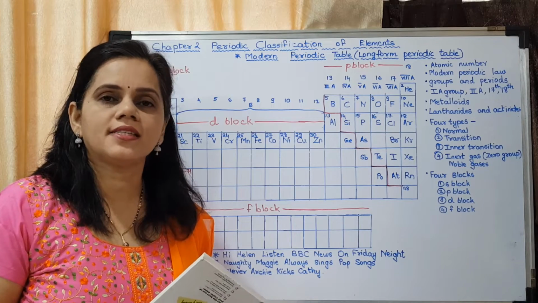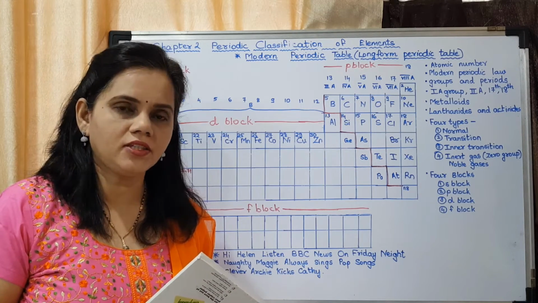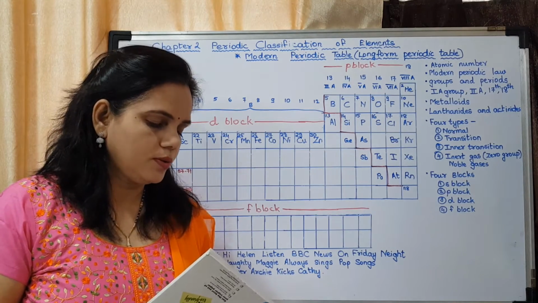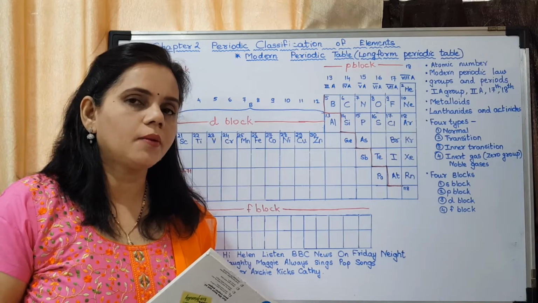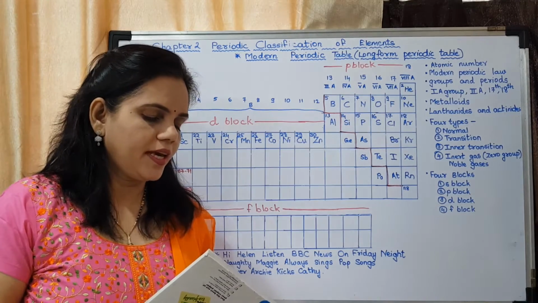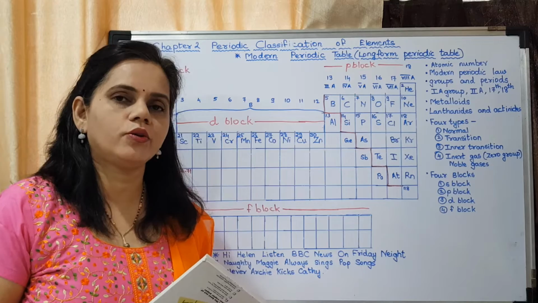The last one, Ca, is a repetition. Hope you have understood. I will repeat. Na2O, SiO2, CaO, CO2, Rb2O, P2O5, BaO, Cl2O7 and SnO2.